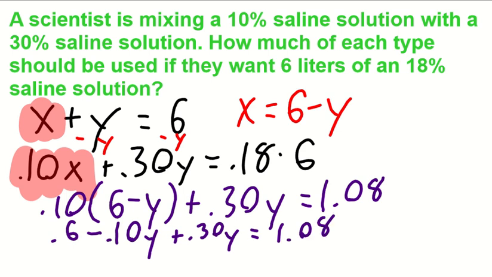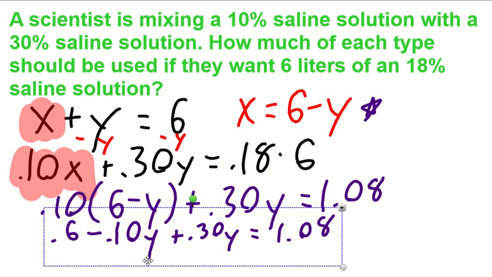And the reason it's helpful to set it up so the smaller coefficient is equal to the rest is that when I combine these, I'm going to have a positive coefficient still. So I still got the 0.6, the minus 0.10, and the plus 0.30 makes that a plus 0.20y, and it equals the 1.08.